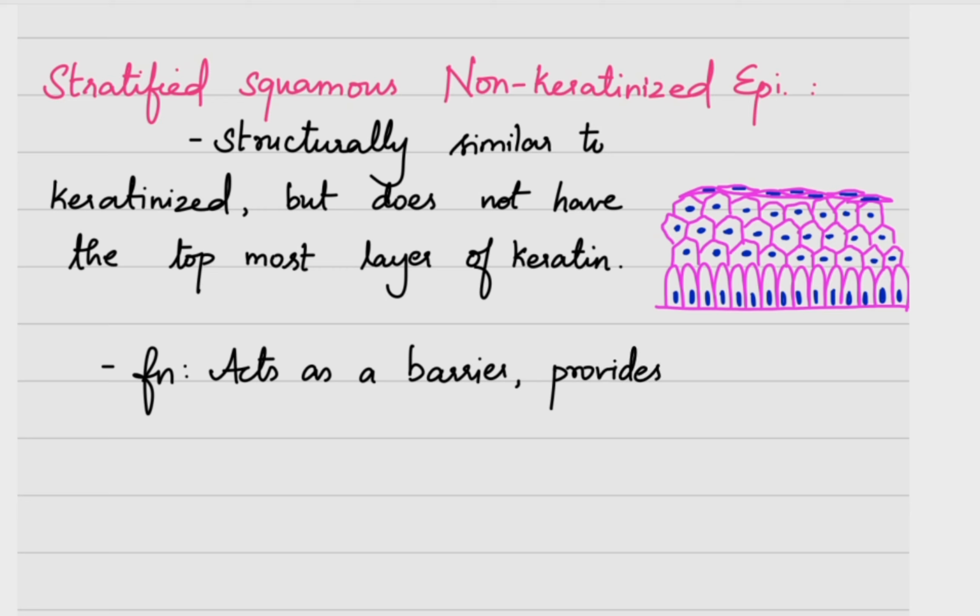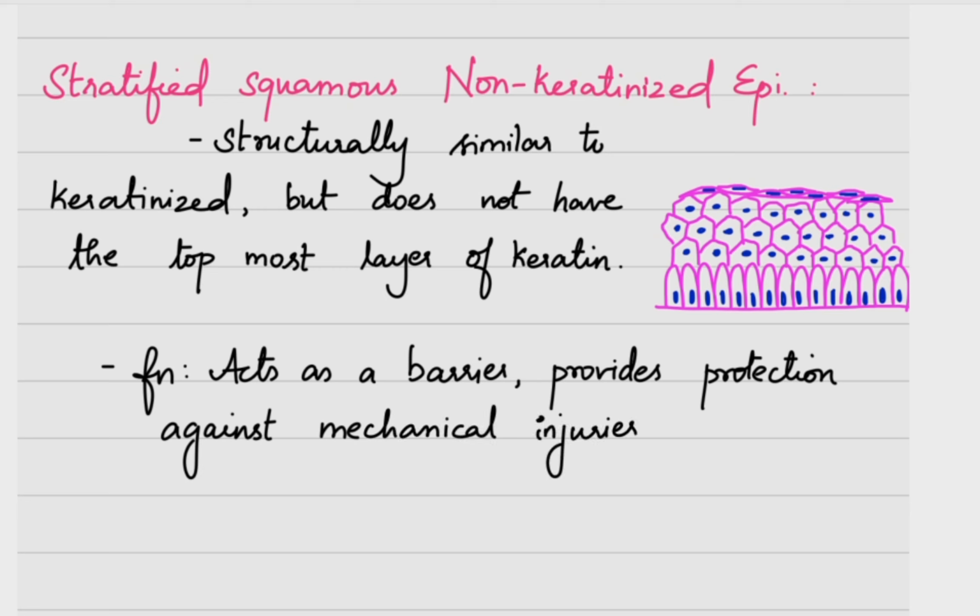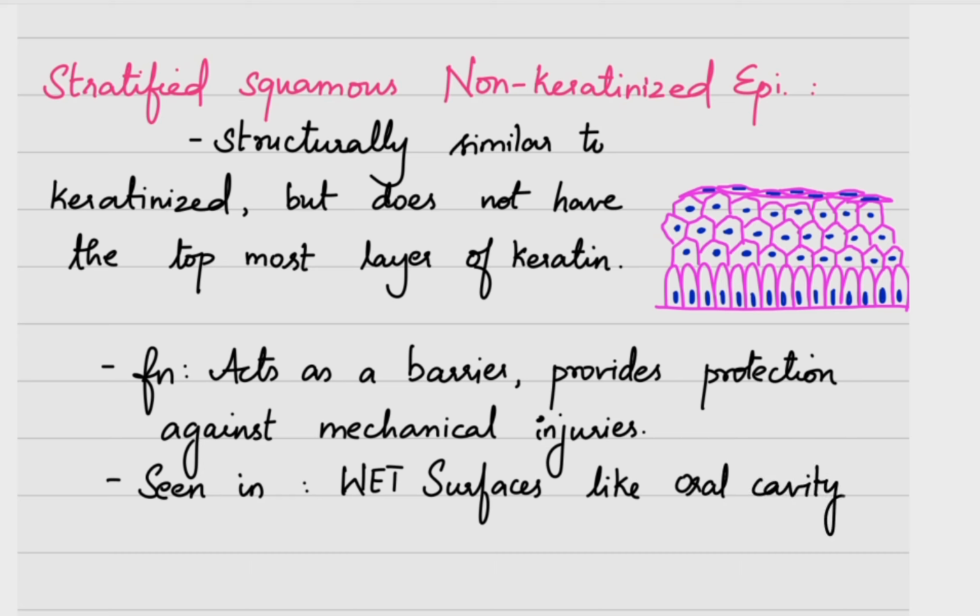This functions as a barrier and it also provides protection against mechanical injuries. It is seen in the inner lining of the oral cavity, esophagus, that is the mucosal surface, the wet surface of the oral cavity, the esophagus, etc.